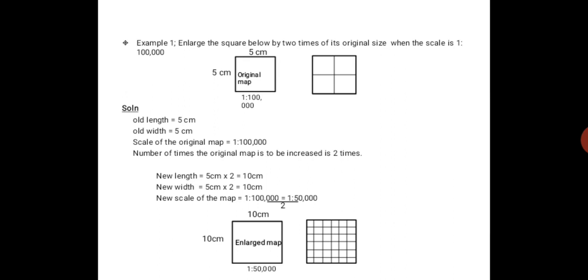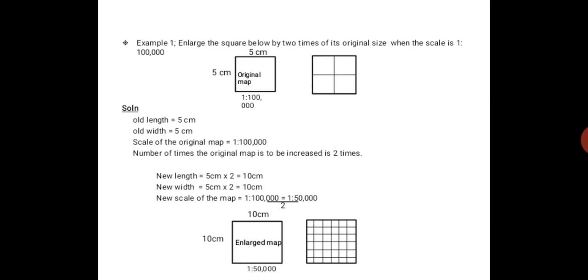So the new scale will now be 1:100,000 all over 2. If you divide that, the answer you are going to get will be 1:50,000. Now, look at the gridded box beside the enlarged map box. Why is it gridded, or how is it gridded? Let me explain to you.